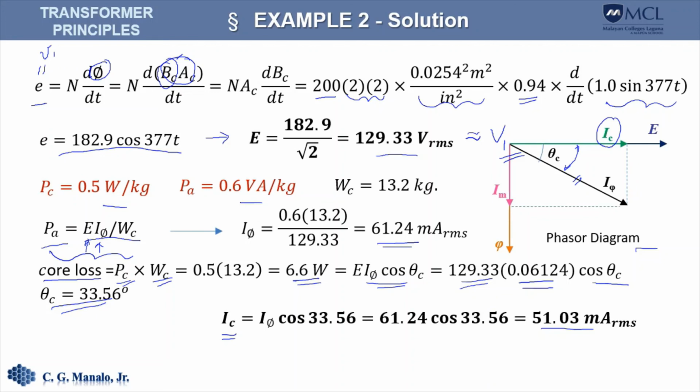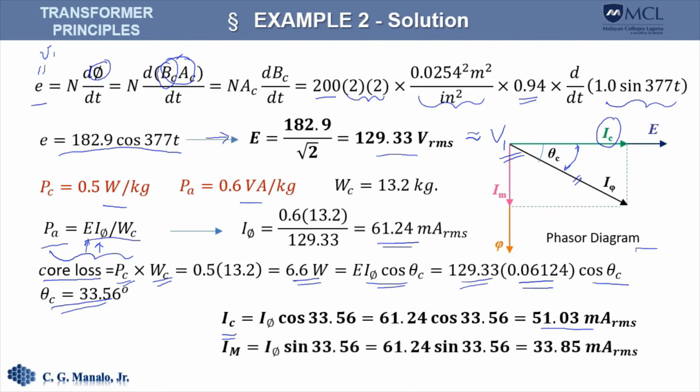So this is the current that is responsible for the core loss. That answers for the core loss of the transformer. And we can also compute the exciting or the magnetizing current from this diagram, and that will give us this much.